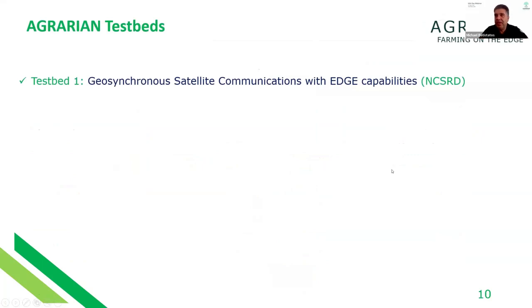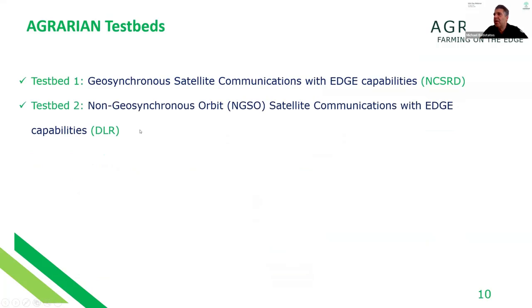We have three testbeds, as I said before. The first one is a communication satellite, geosynchronous, with some edge capabilities. The second one is a low Earth orbit constellation for communication again.